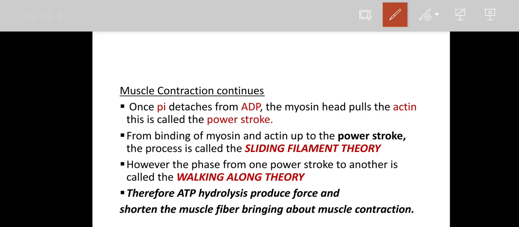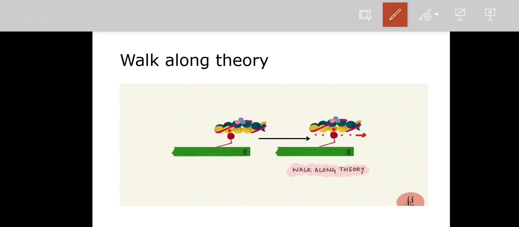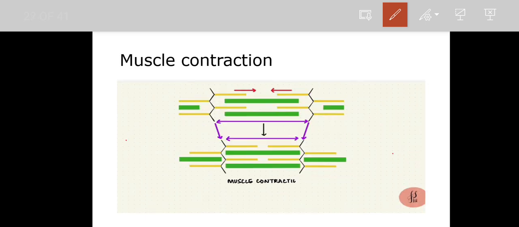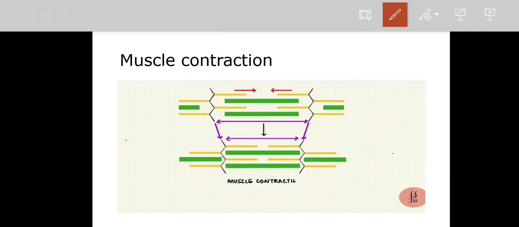Therefore, ATP hydrolysis produces force and shortens the muscle fiber, bringing about muscle contraction. How does it shorten? Let's pay attention to how it shortens. Remember, this is the M line, this is the Z line.